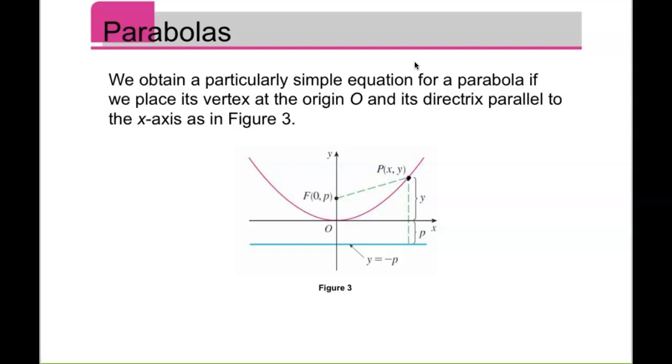We're going to use some basic algebraic geometry formulas that we already know from your earlier years in secondary school. All right, here we go. The first thing I want is the distance between P and F. You guys remember the distance formula?